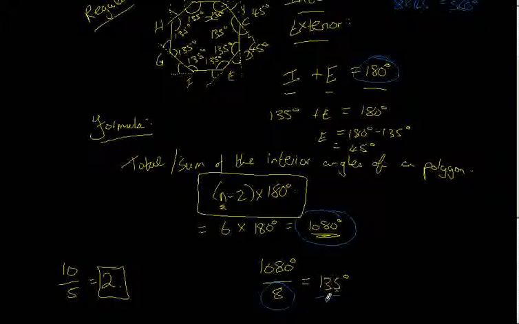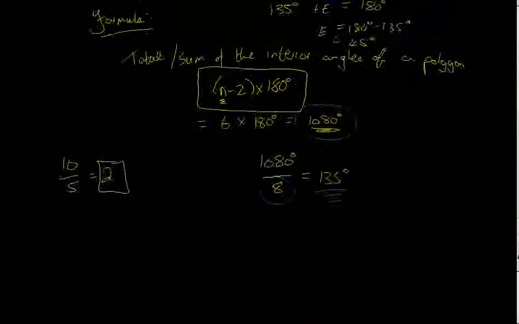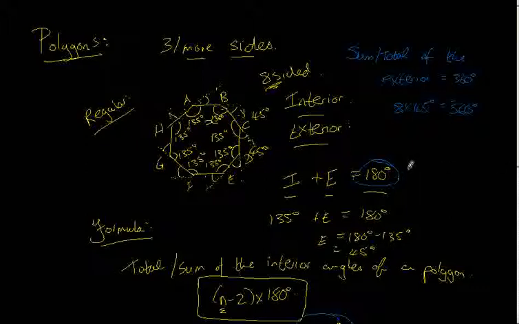Then once you have the interior angle, you can find the exterior via this method, and the sum of the exterior angles is equal to 360 degrees.